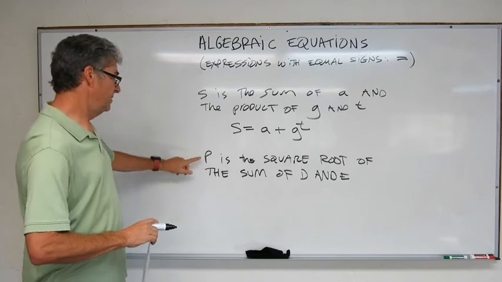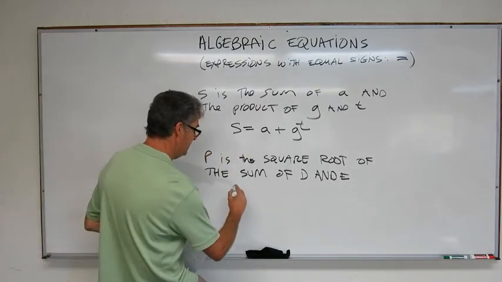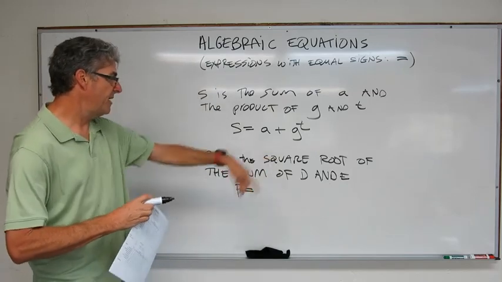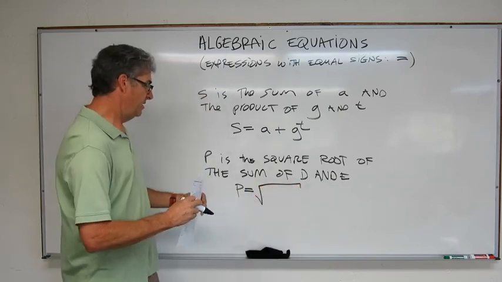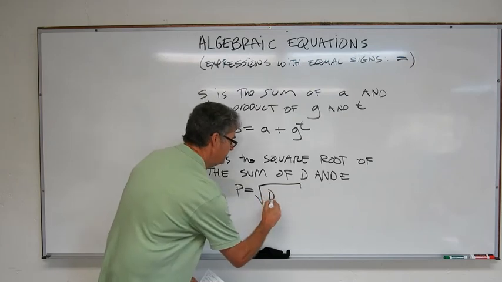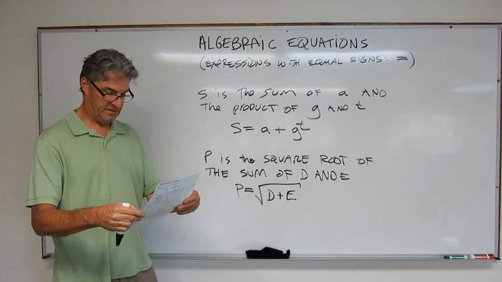Okay, so P is the square root. So P is, so that gives us P equals the square root of the sum of D and E. So I'm going to write my square root, and it's the square root of the sum of D and E, so I'm just going to put D plus E under the root sign. What do you think?